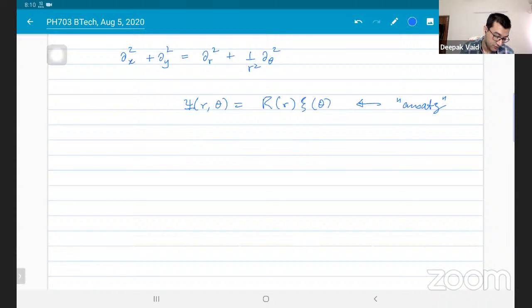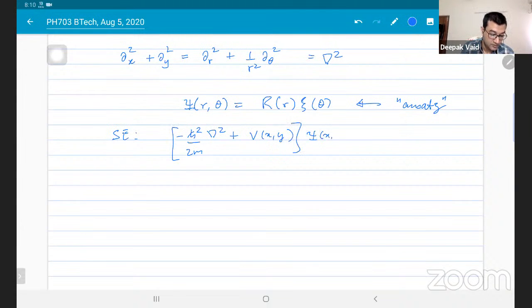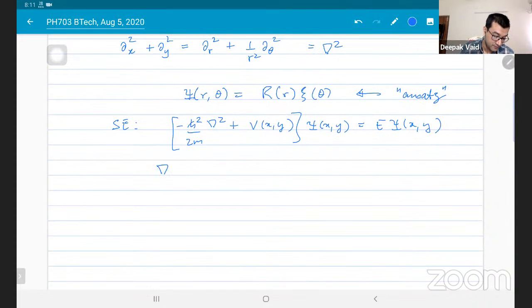So we have this Schrodinger equation, which is basically minus h bar squared by 2m del squared plus V(x,y) acting on psi equals E psi. Now, what happens when I make this assumption and insert it into this Schrodinger equation?